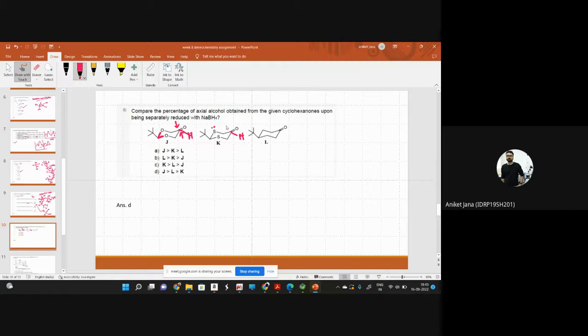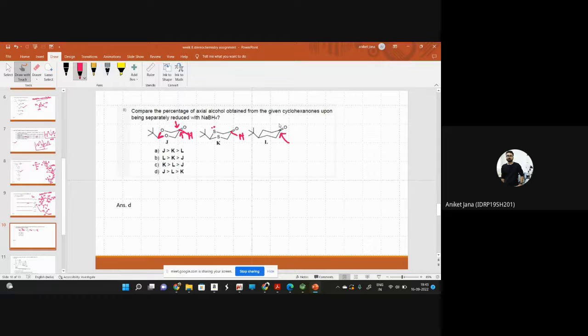But here one thing is there: we are considering the axial alcohol, right? Axial alcohol will be formed when the attack is from the equatorial side. So we have to consider that direction also.